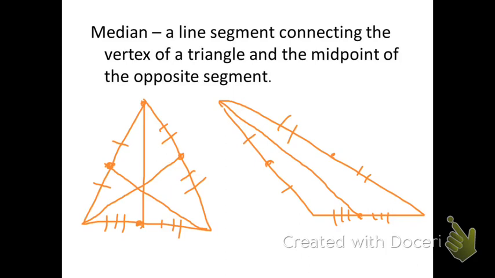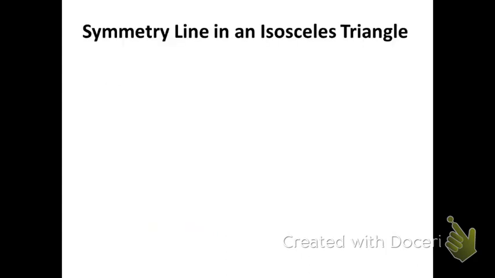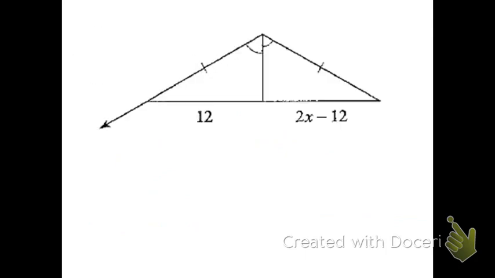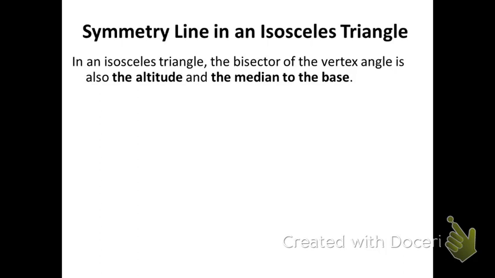The reason why I go over that is because medians, altitudes, and angle bisectors have special properties in an isosceles triangle. And that is, and this does not always work for all triangles, in an isosceles triangle, the bisector of the vertex angle is also the altitude and the median of the base.